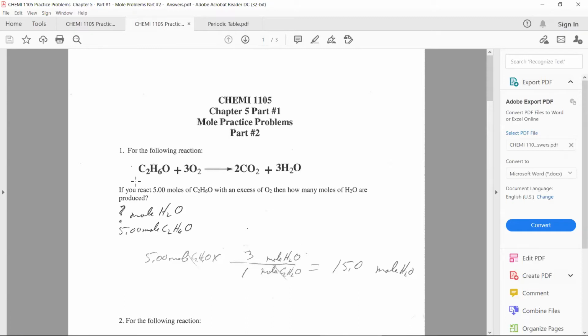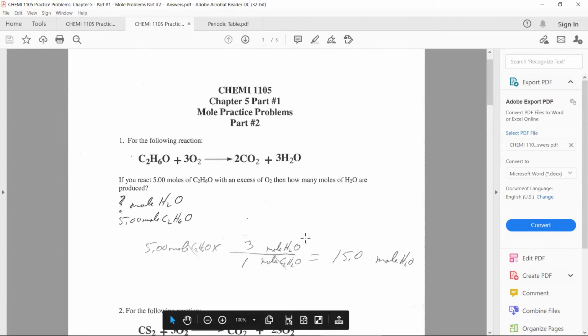So for every 1 mole of C2H6O, I make 3 moles of water. And that's where I get 1 mole of C2H6O makes 3 moles of water. These numbers, coefficients, are exact numbers. So this is 3 significant figures, and the others are exact numbers. My answer should have 3 significant figures, and that's what we get.